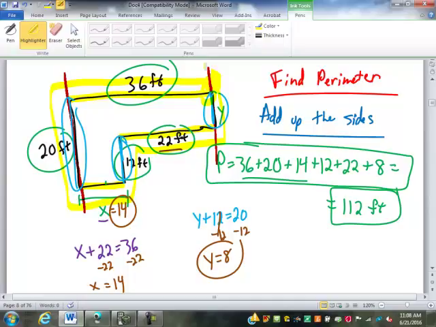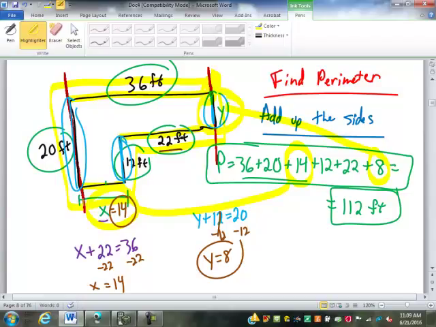Now the second big question, and usually the one that has more questions: does anybody have questions on how we got the 8 for y and the 14 for x? That's one that in the last 7 or 8 years has become a real struggle for a lot of students, finding those missing dimensions.